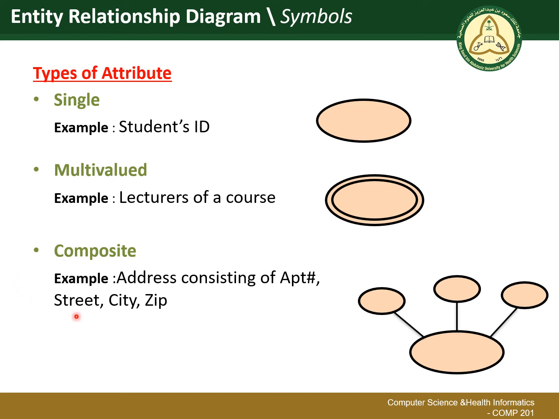For example, the address attribute will consist of the apartment number, the street, the city, and the zip code.